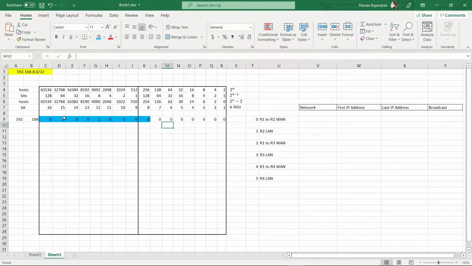Here we can see the first 8 bits, then another 8. Total will be 16, together with another one, so 24, and the last one will be 25. So the network is /25, and the starting IP address will be 192.168.8.0 since all of the rest will be 0.